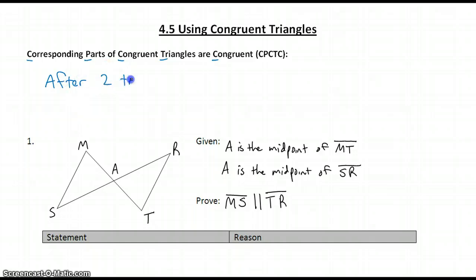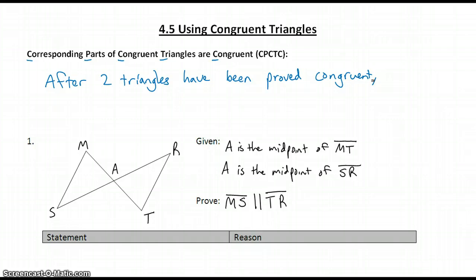After two triangles have been proved congruent, all the remaining parts are congruent.